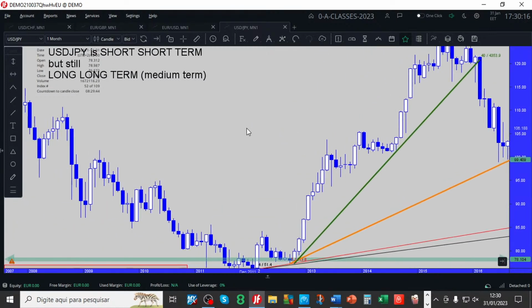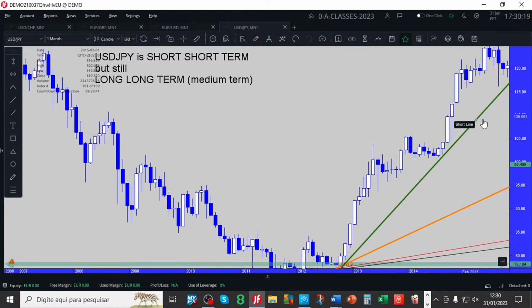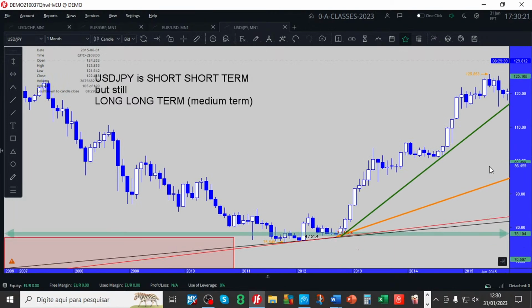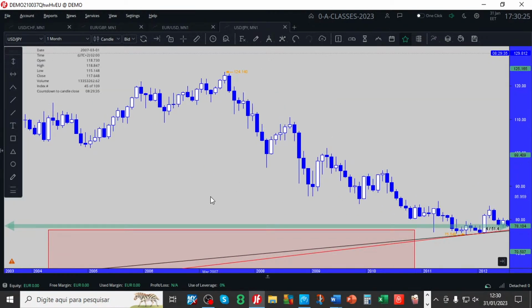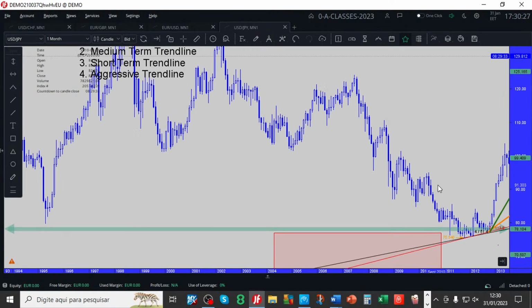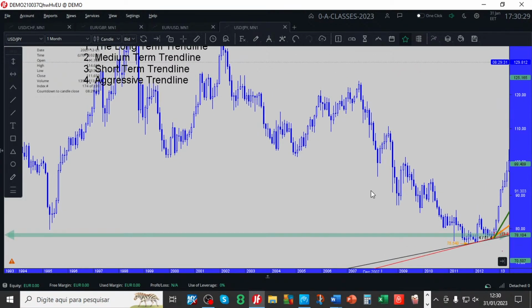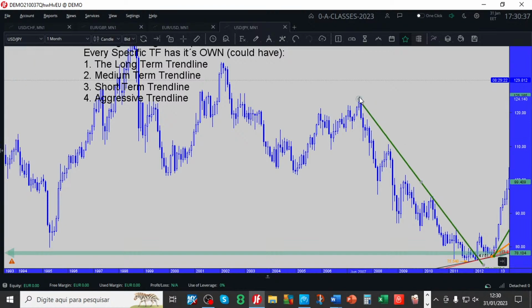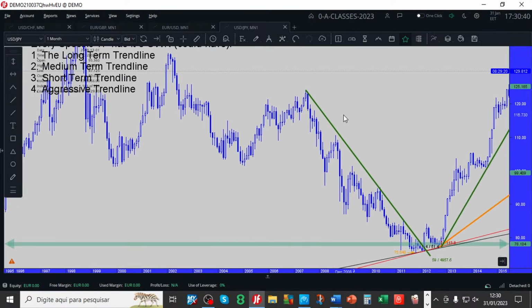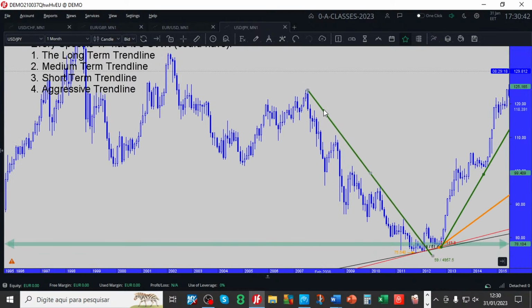So back in time when we were trading USD JPY, we were long. This is USD JPY. Now if we take USD JPY as an example for real on the monthly chart, do we agree that the market broke the downtrend line on the USD?